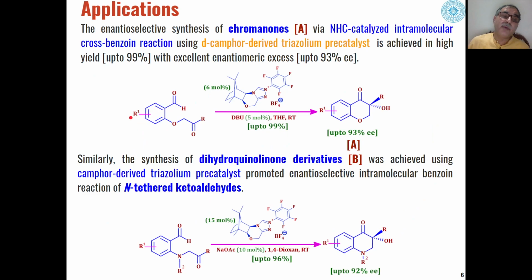Then some important examples of these benzoin condensations. In case of asymmetric benzoin condensation, these are catalyzed by N-heterocyclic carbenes, where an intramolecular cross-benzoin reaction will take place between this aryl aldehyde group and this ketone group.